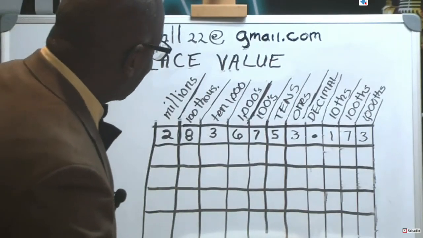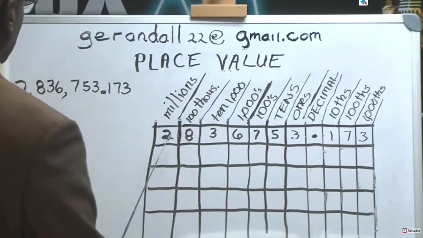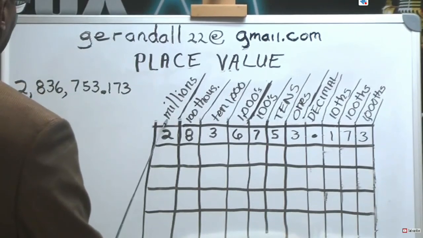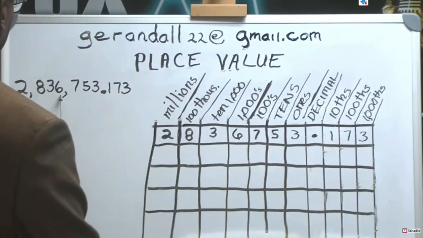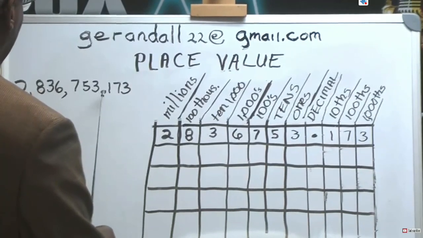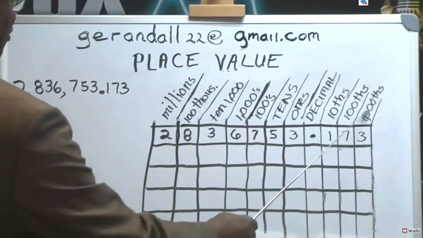Now, the way we say this particular number is 2,836,753 and 173 thousandths.